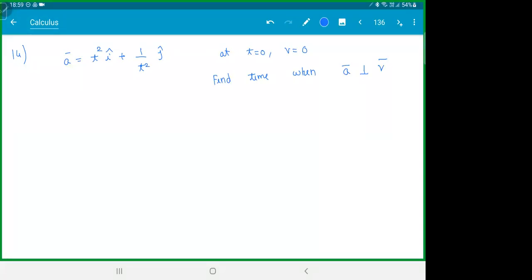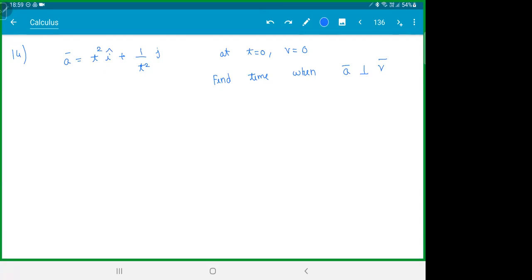Now vectors are given. How do you integrate a vector? Just integrate t square and just keep I cap outside, 1 by t square j cap outside. So you can just integrate them as if I cap, j cap are two different things and just add them up in the end. Acceleration is given.